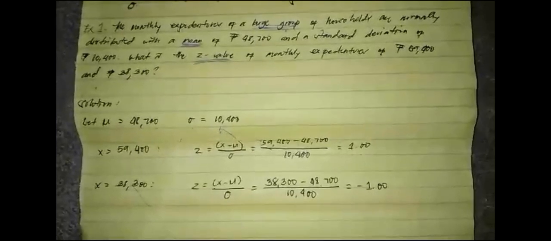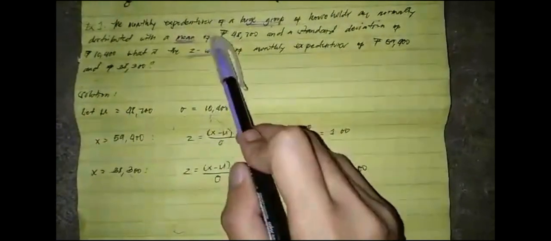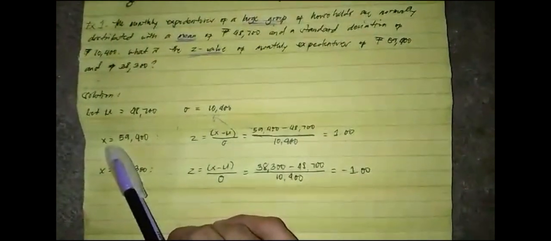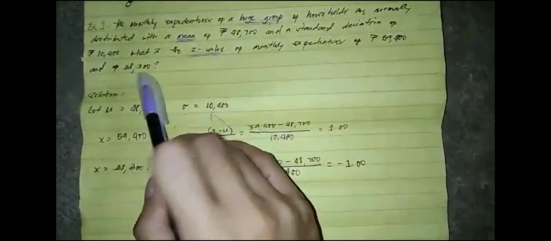So for us to find out, we need to find a solution. Let the mean be 48,700 and the standard deviation be 10,400. The x, the values we are finding the z for, are 59,400 and 38,300.